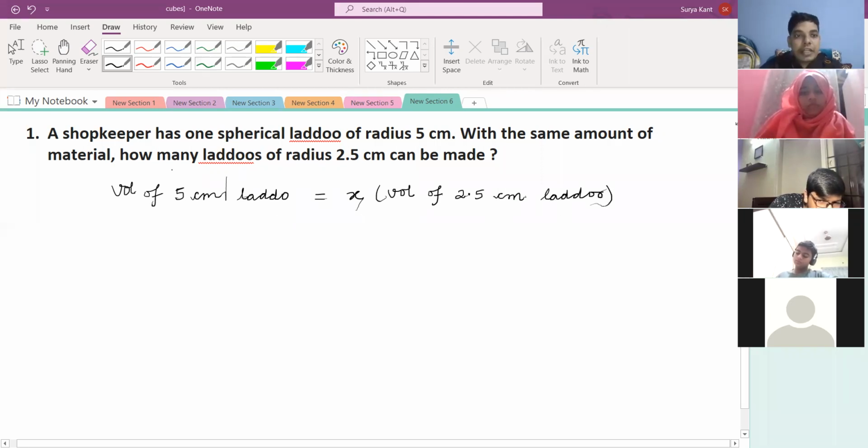Okay, now we can write here: volume of 5 centimeter laddu is equal to X times volume of 2.5 centimeter laddus, right?